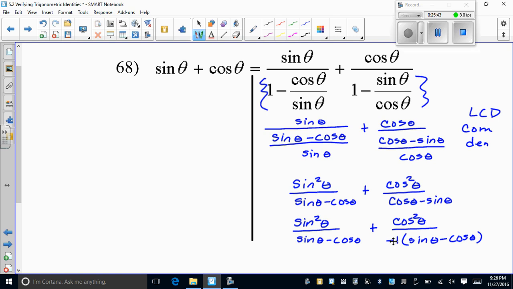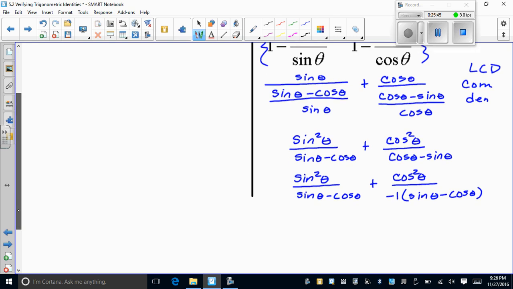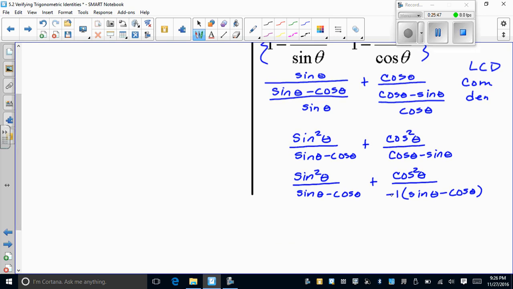So I'm going to move this negative sign up here. So I now have sine squared of theta minus cosine squared of theta all over sine of theta minus cosine of theta.